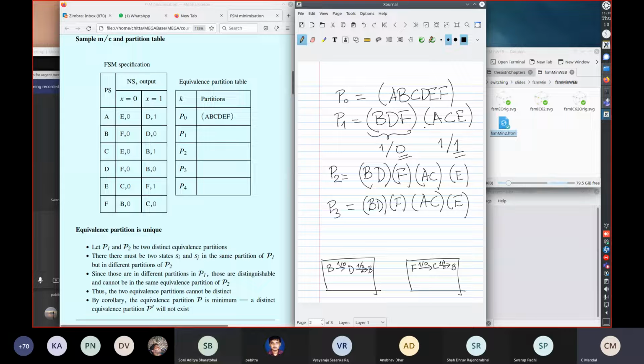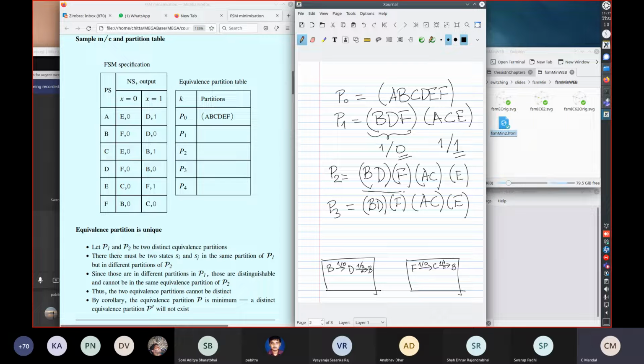Next, what you can see is that, well, actually in this step I have taken a little bit of a shortcut. When I split AC and E, I made use of this partition.